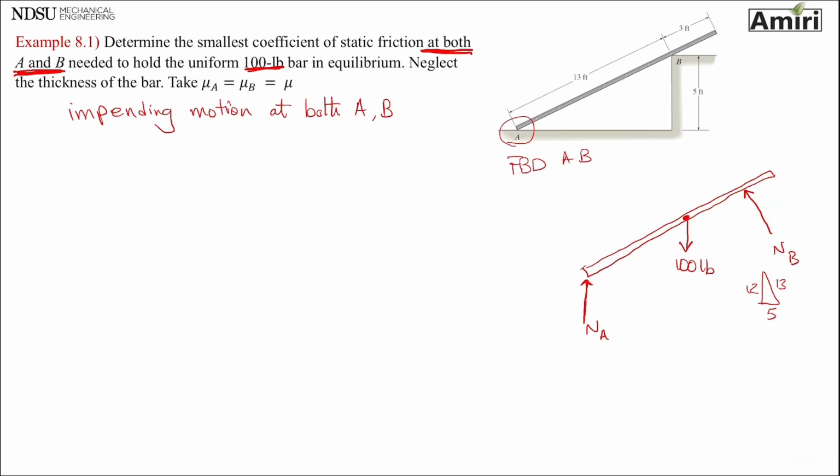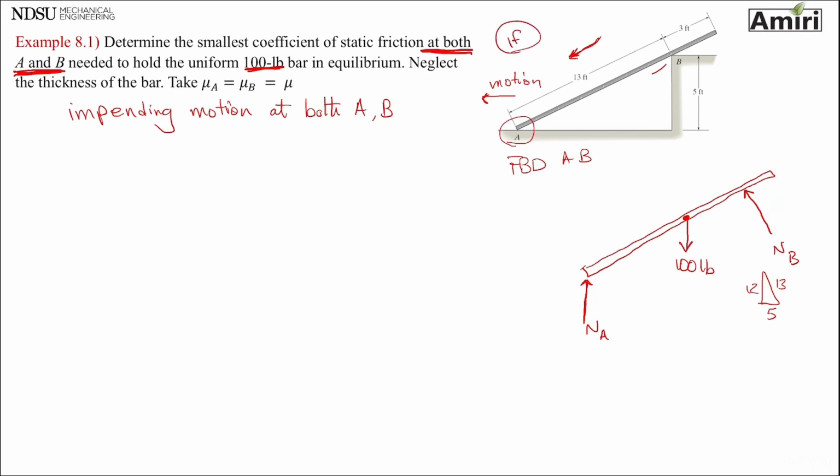Now, let's see. Find the smallest coefficient of static friction at both A and B needed to hold the uniform bar. So, if this friction is not there, which I haven't put on the free body diagram yet, this bar is gonna slip, move this way. So point A is going to move this way, motion, if there's no friction force.